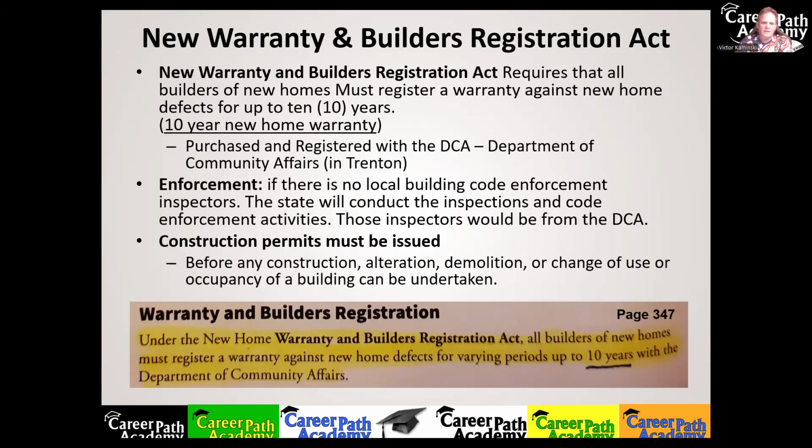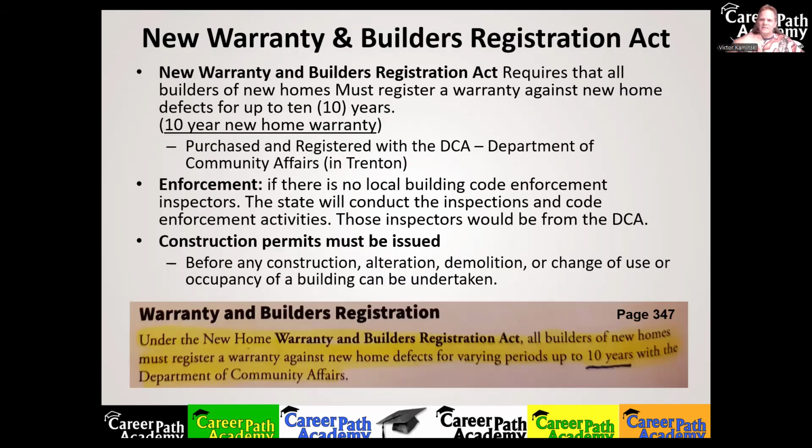So the New Home Warranty and Builders Registration Act requires that all builders of new homes have to register a warranty against new home defects for up to 10 years. It's a 10-year new home warranty. The builder purchases it and registers it with the DCA, the Department of Community Affairs in Trenton, so they have a copy of it on file there.